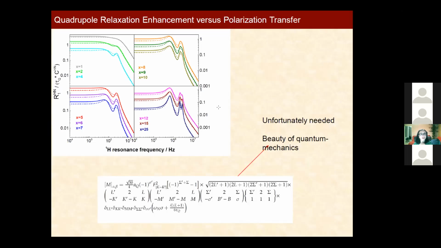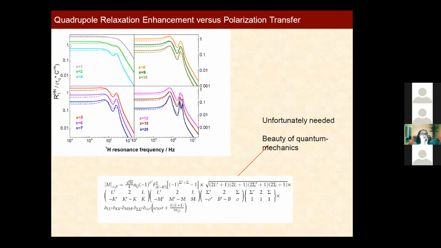So mathematically, one could relatively easily adapt the so-called slow motion theory, which was supposed to describe paramagnetic relaxation enhancement, to describe quadrupole relaxation enhancement, and it does so in an excellent way. And this we have done. Here, this X is the amplitude of the quadrupole coupling times the correlation time.